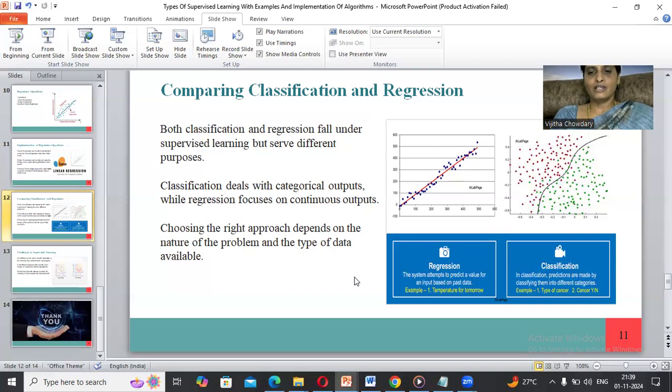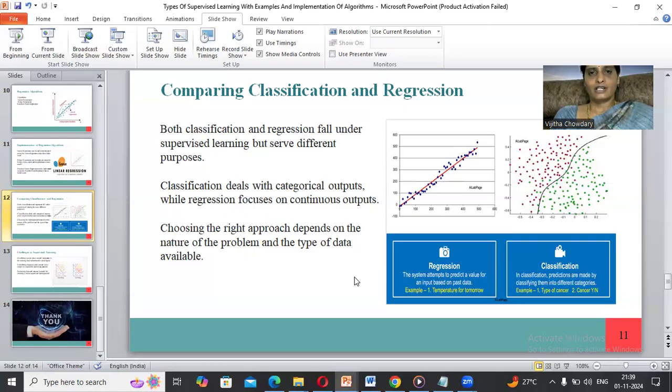The values can change day by day. For example, weather forecasting, house price, human height and weight, and customer salary.